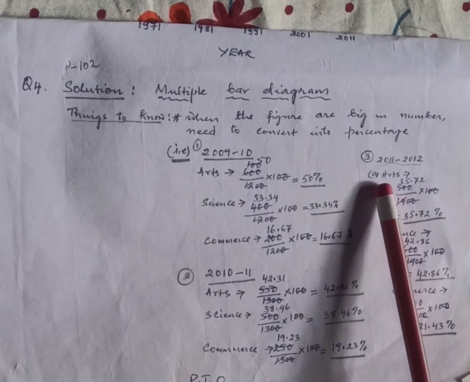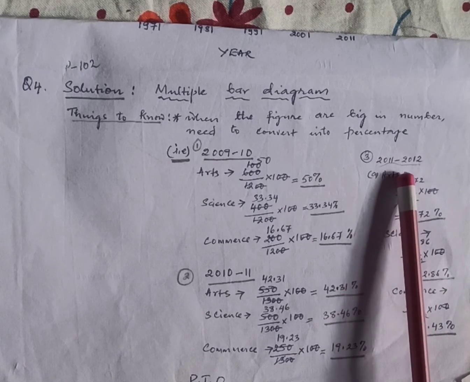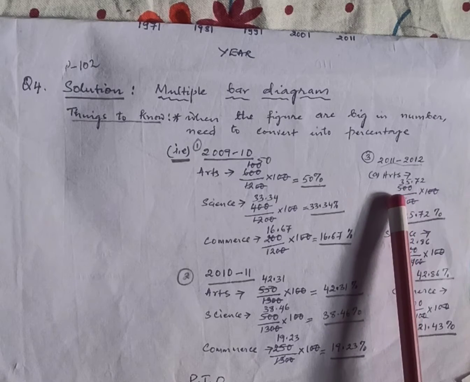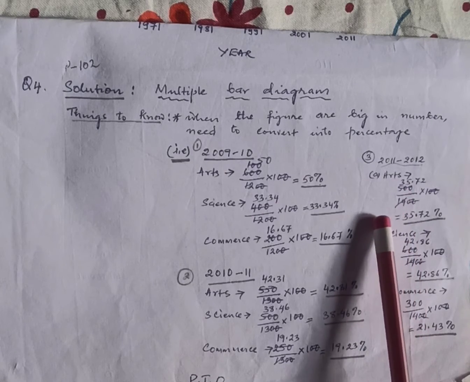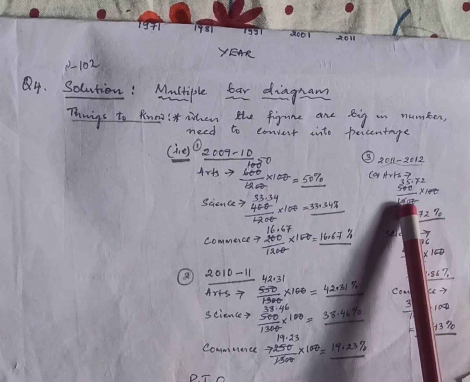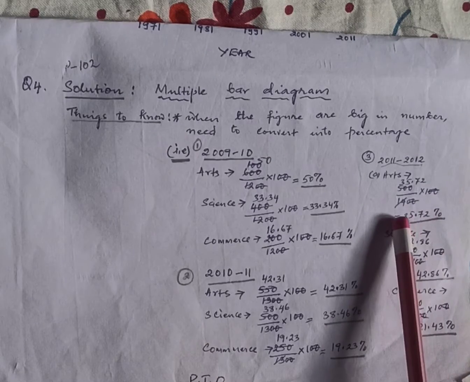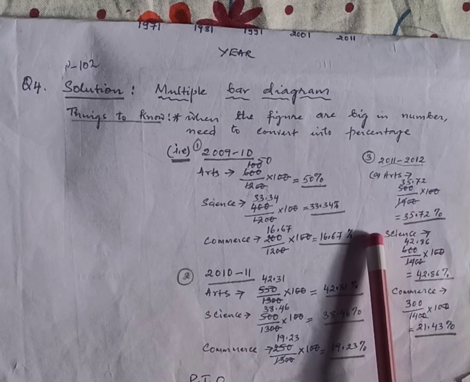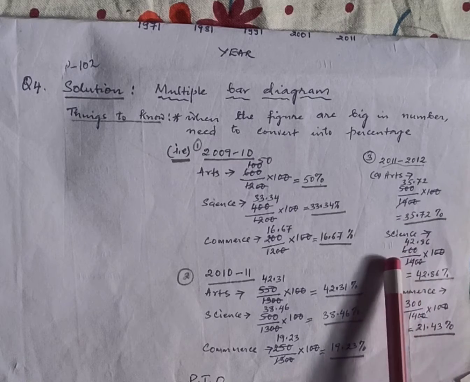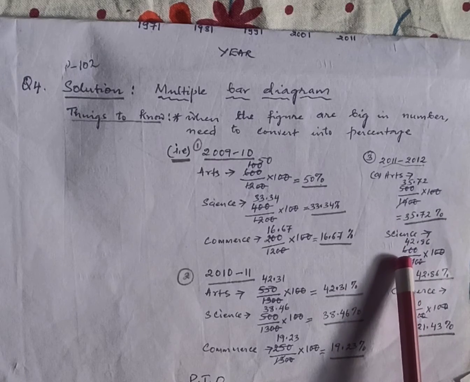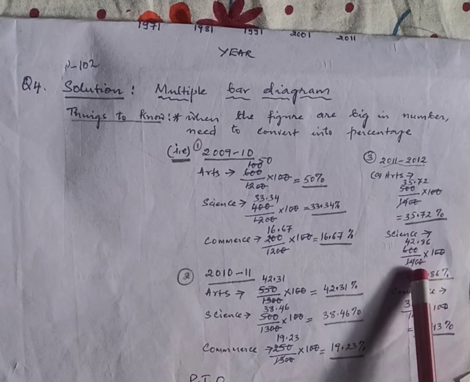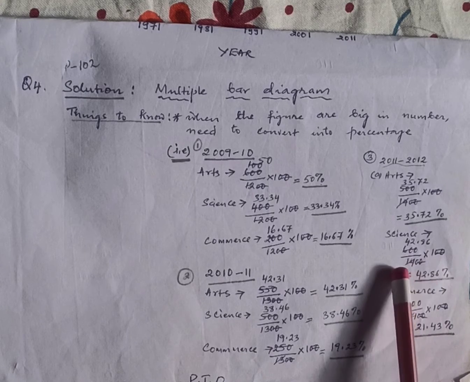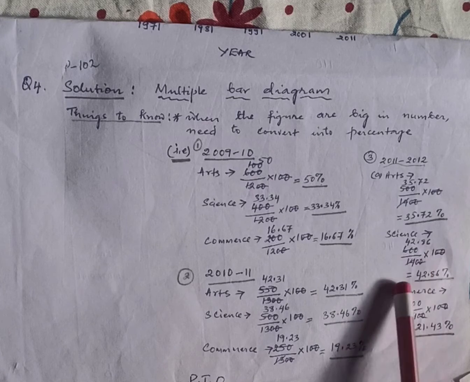Let's come to the third year, that is 2011-12. Calculating the faculties, the total is 1400. So 500 divided by 1400 into 100, we got 35.72%. And science, in the question it is given 600 divided by total faculty, that is 1400, into 100, we got 42.86%.